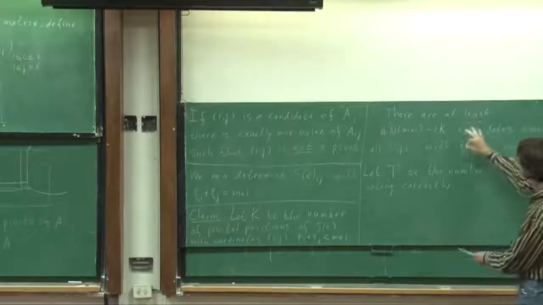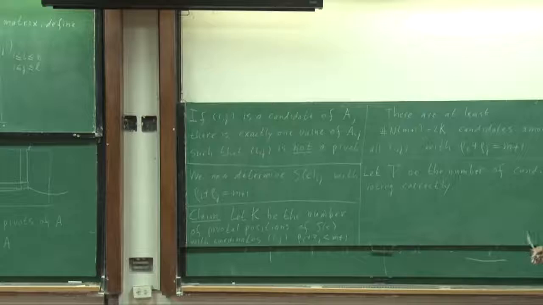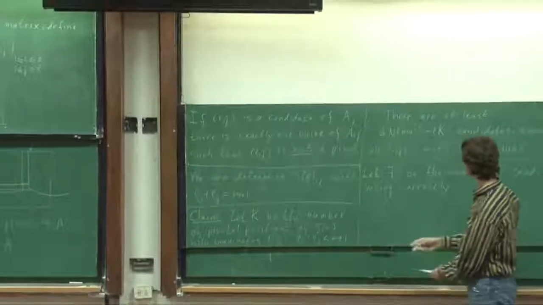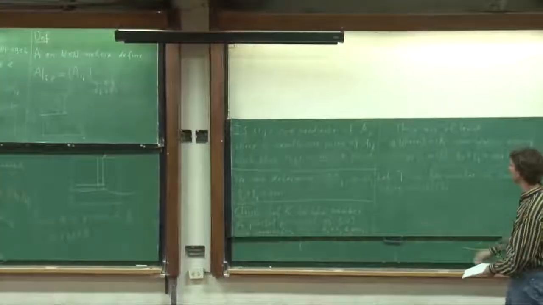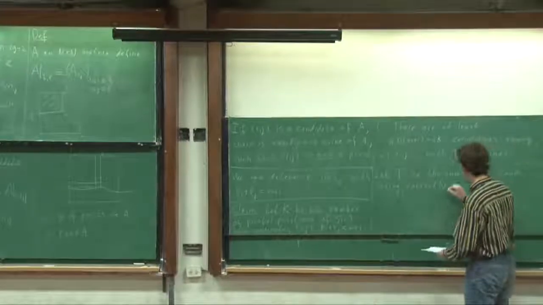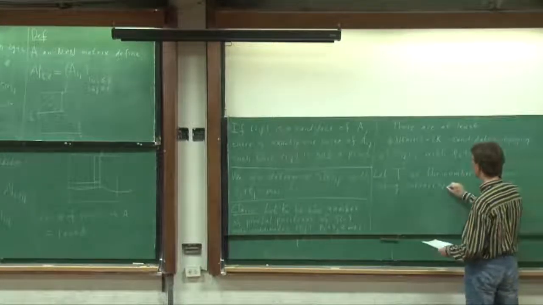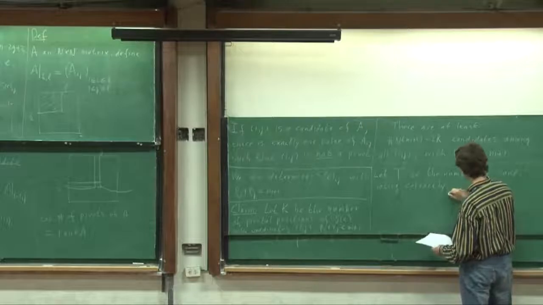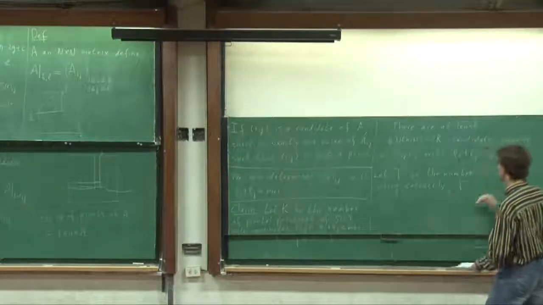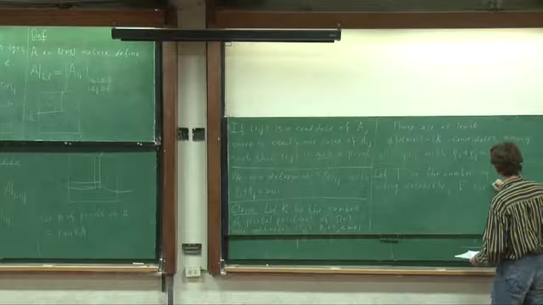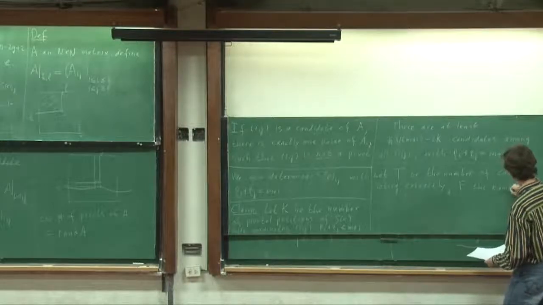I'm going to look at this set of candidates from the previous claim. Some of them will vote for the true value, which is where the T comes from, and then F is the number that voted the wrong way.